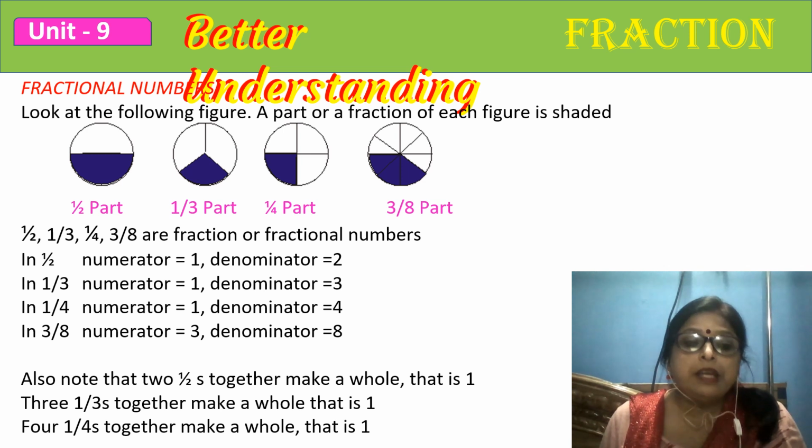And 1 by 3's together make a whole: when you add all 3 parts, you get 1. And 1 by 4, when you add all the parts, you get 1. So when the parts of a whole are added, you get the whole. This is all about the fractional number and fraction.